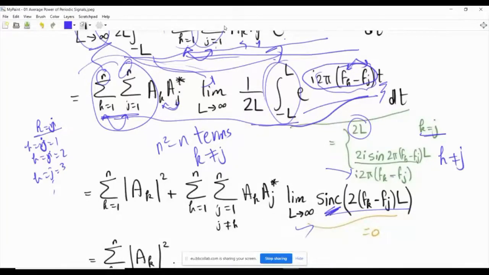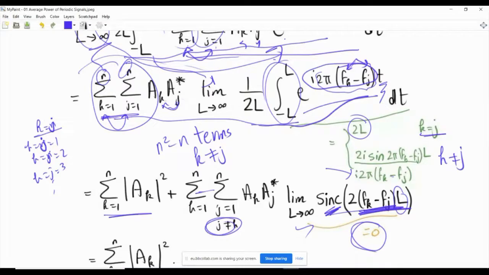And the sinc function, we will see it later. It is a continuous function on R, and it decays to 0 when its argument goes to plus or minus infinity. So we have an L here. As the argument of the sinc function gets larger and larger, the sinc goes to 0. This limit is 0, and so the double sum where the two indices are different will give you exactly 0, and you are left with only the first case.